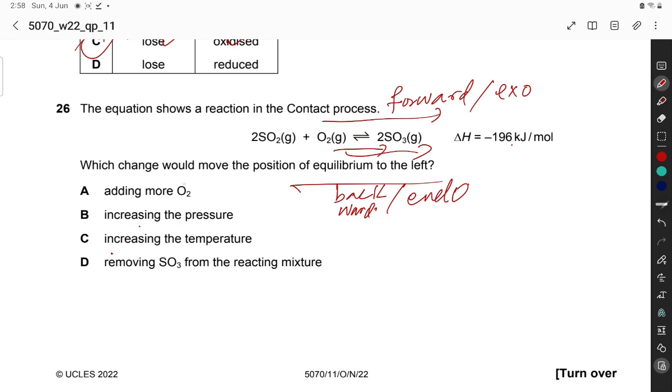So by increasing temperature, the reaction will shift backward, or to the left. C option is correct.